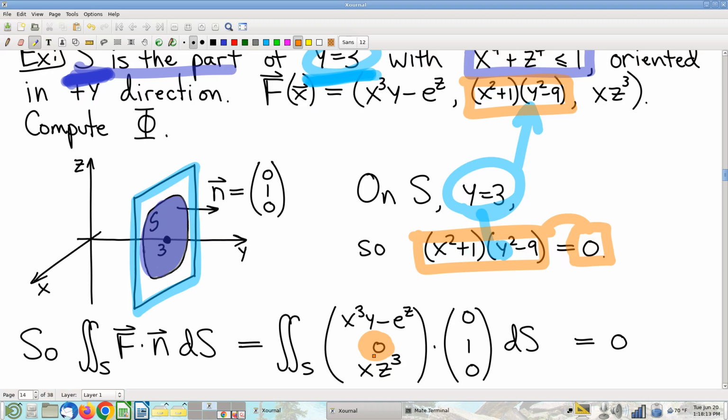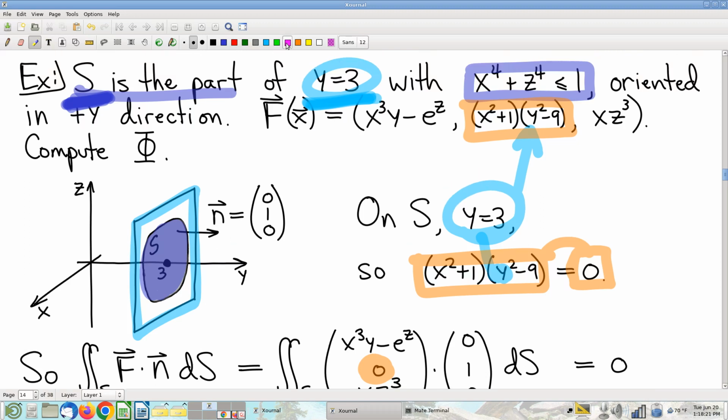Okay. So that's a big win. A lot simpler thing there. Here's the other big win in this problem. Because we are entirely contained in this plane, this plane being easy to understand, it's just the plane y equals 3, I can use some chapter 1 skills, and I can immediately write down the unit normal vector.